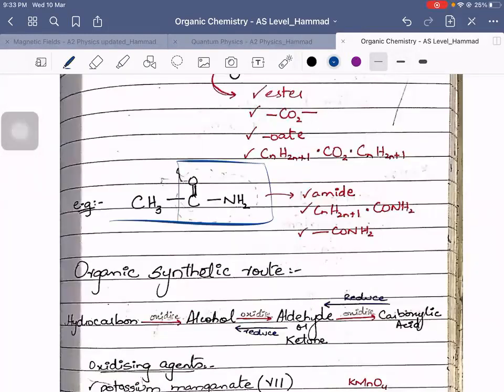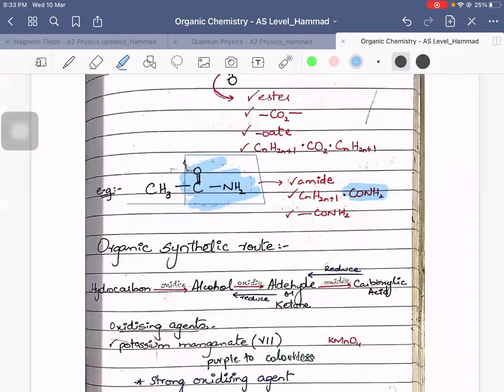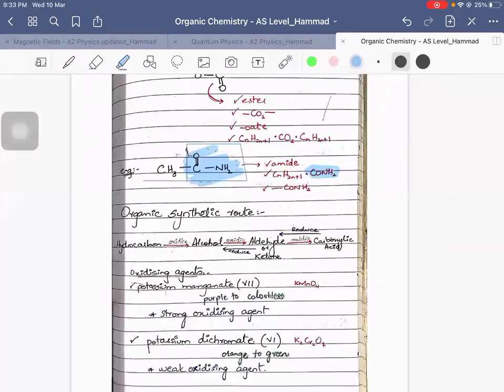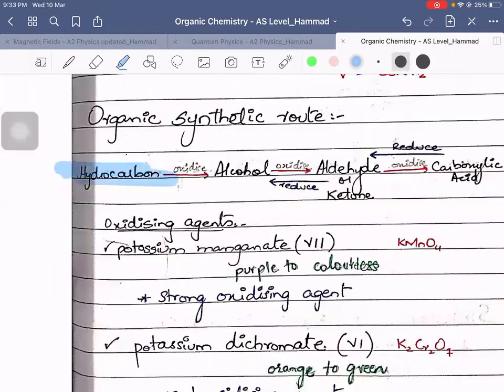The CONH2 group is the amide functional group, and it could be represented like this. Moreover, there's an organic synthetic route that we have worked upon. Let's say if it's a hydrocarbon and I oxidize it to bring it to alcohol, if I further oxidize it, it will convert into an aldehyde or a ketone.